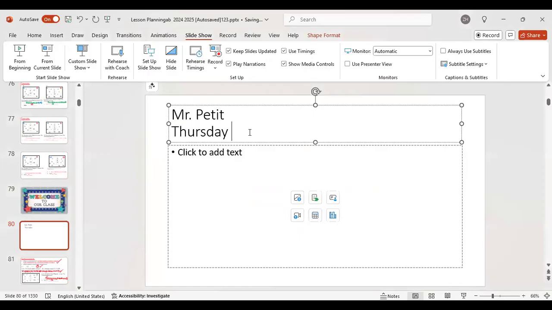So today is Thursday the 4th of September, 2025.